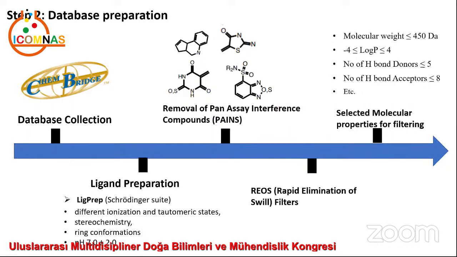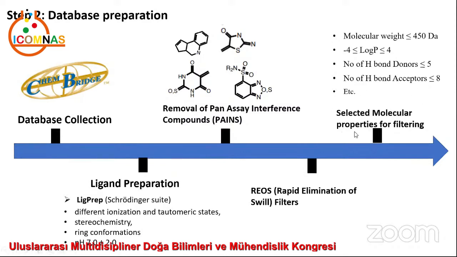In the next step, what we have focused on is trying to make our library more enriched with drug-like compounds. Therefore, we used rapid elimination of swill rules to remove the compounds that are less likely to be a lead compound.